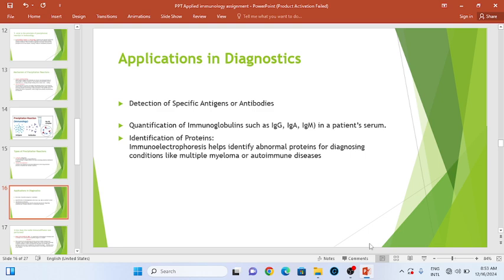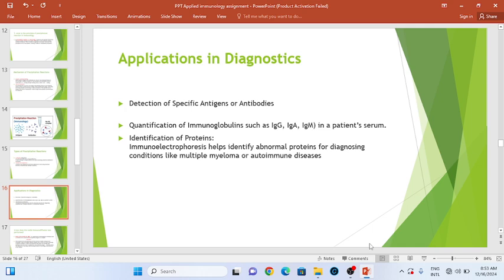Application in diagnostics: it is applied for detection of specific antigen or antibody and is used for quantification of immunoglobulins such as IgG, IgA, and IgM in patient serum. Also, precipitation reaction is applied in identification of protein.